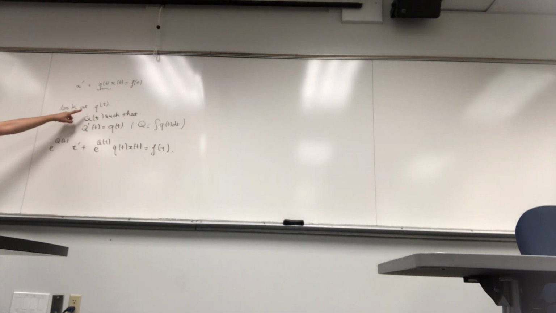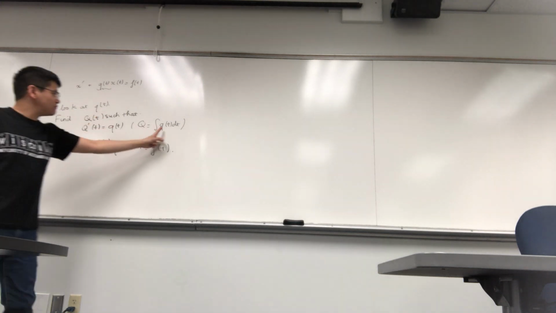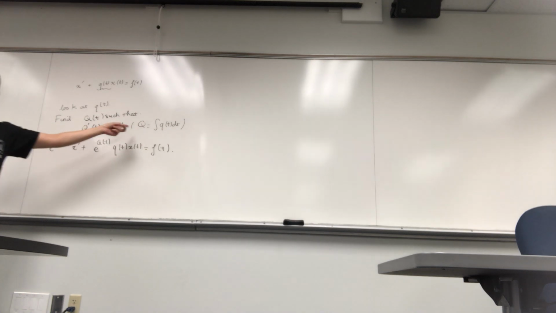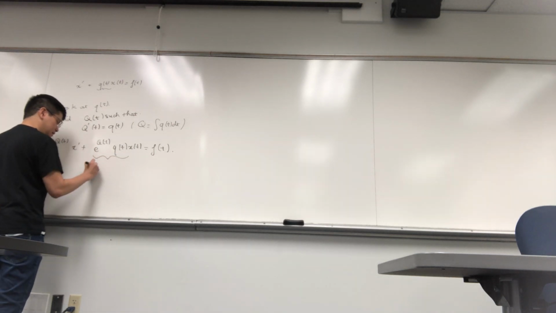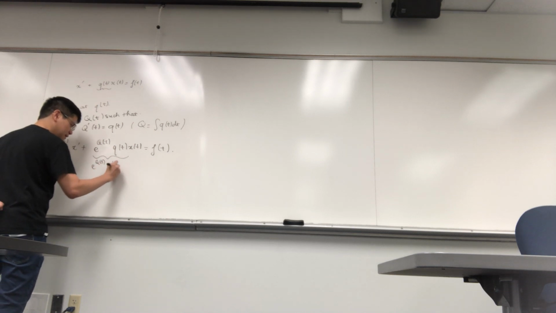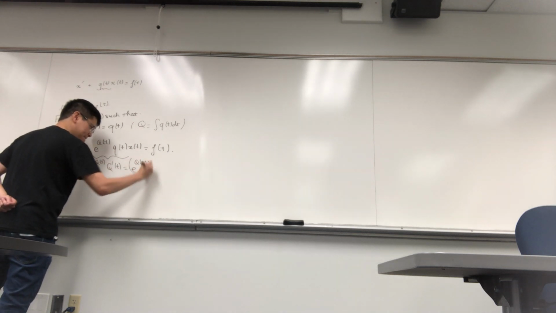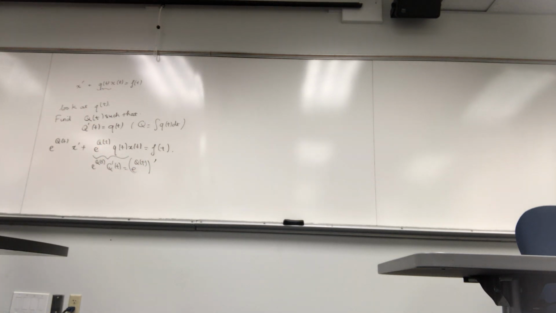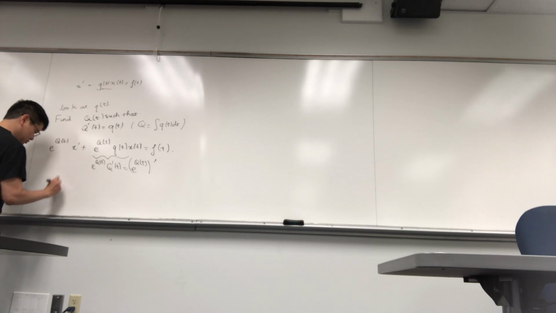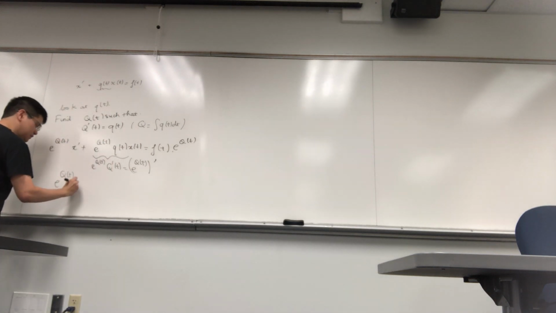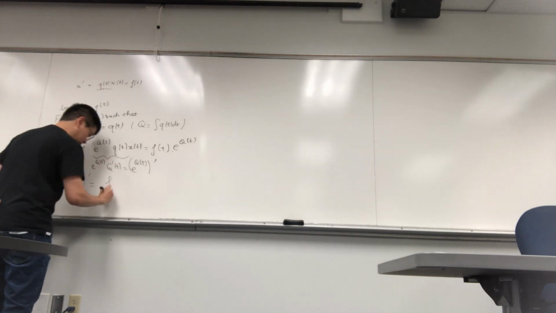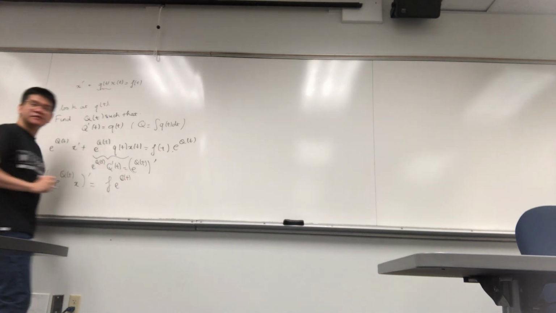What you do is you look at the small q(t), and you try to find the antiderivative of it, which I call capital Q. Then I multiply both sides by e to the capital Q. This gives me e^Q q prime of t, which is (e^Q) prime. Using the product rule, I have (e^Q x) prime is equal to f e^Q. So the whole method is simple.